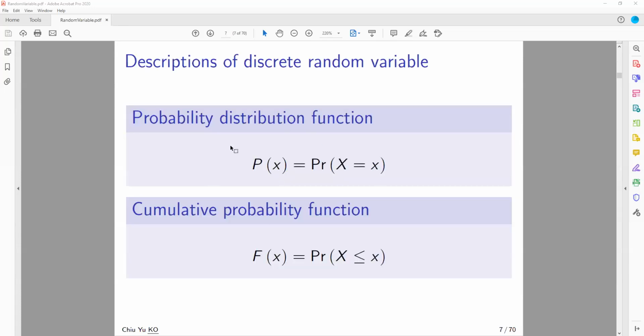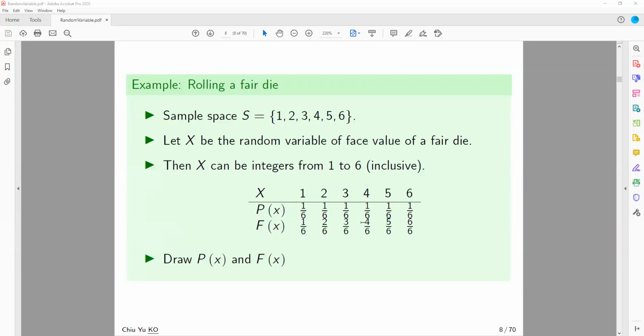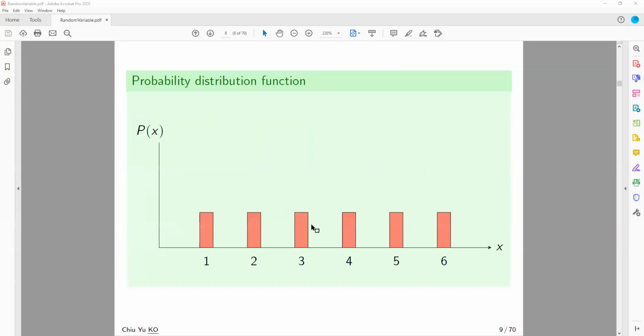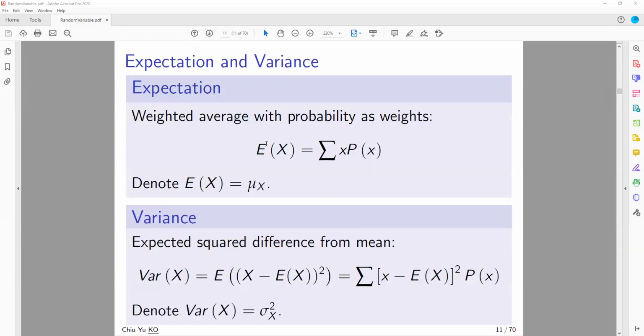We have two things: the probability mass function and the cumulative distribution function, which are x equal to some number and x less than or equal to some number. You can write them in table form, or draw a picture. Next we talked about variance and expectation.